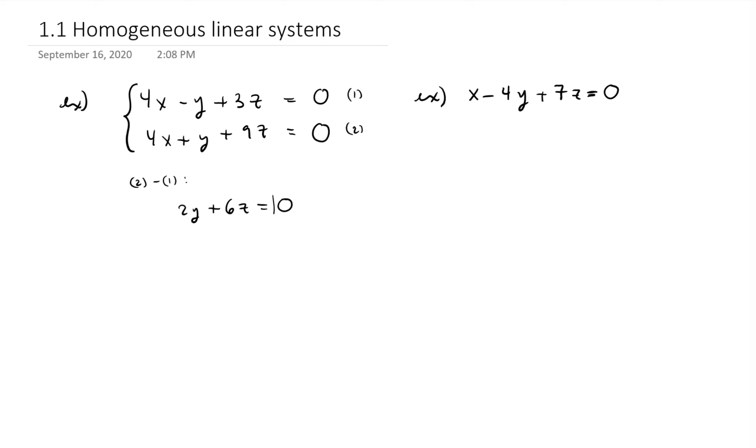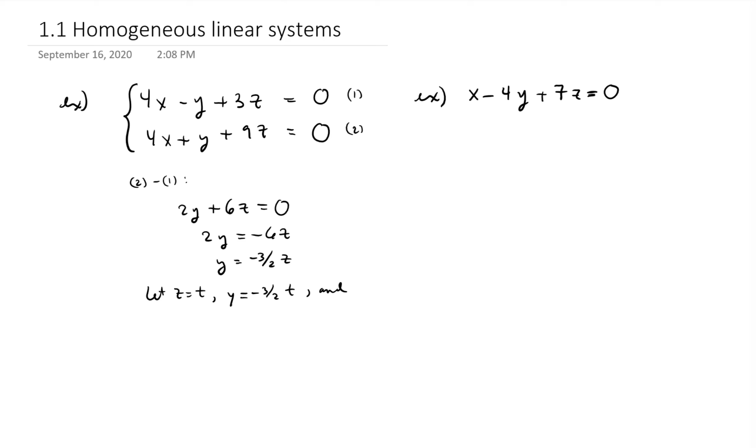Of course, this part is very easy: no matter what you do with the zeros, everything stays 0. I'm going to solve for y, and I finally get y is minus 3/2 of z. Therefore, if I let z equal t, then y is equal to minus 3/2 of t.